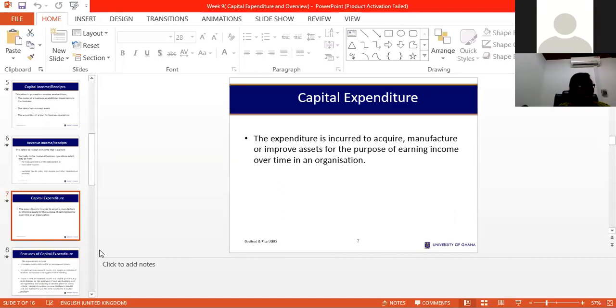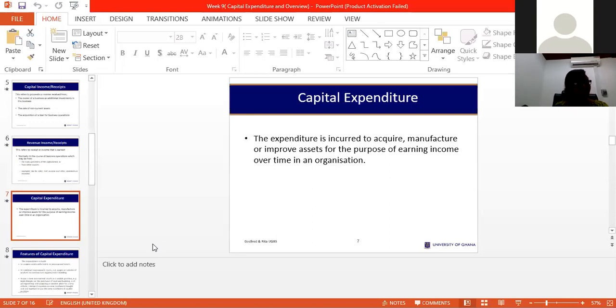Then we have capital expenditure. When we talk about receipts, they could be broken down into capital receipts and revenue receipts. We also have expenditure by the business, and that could be capital expenditure or revenue expenditure. What is capital expenditure?